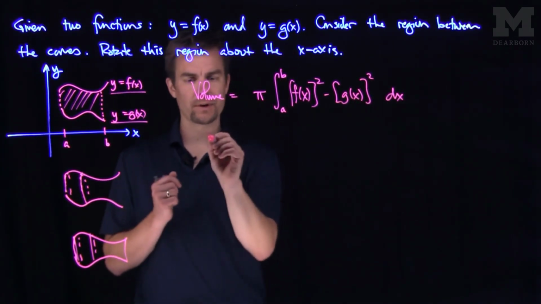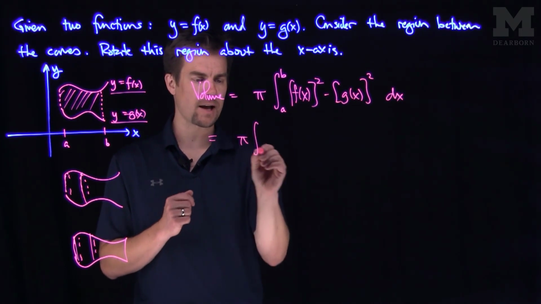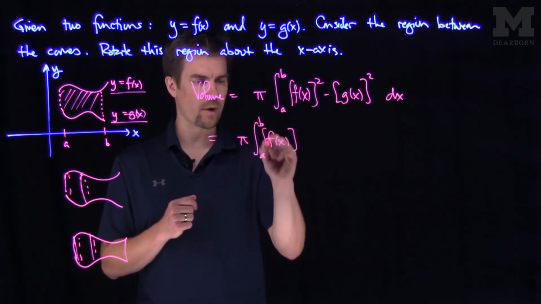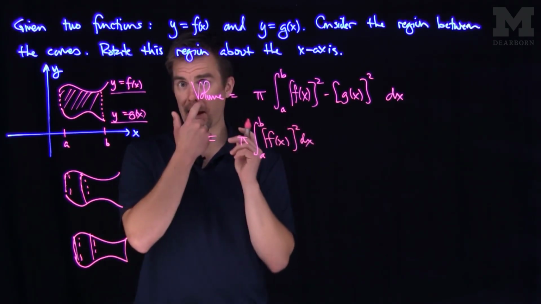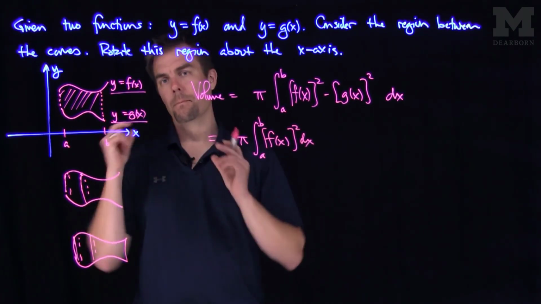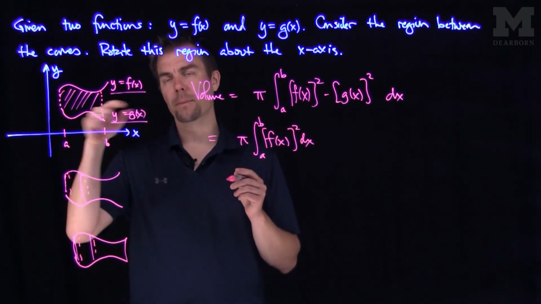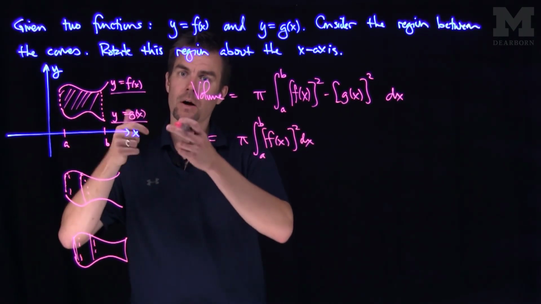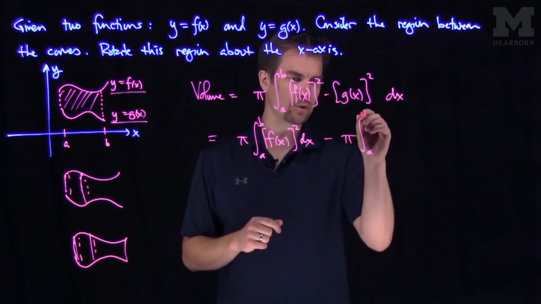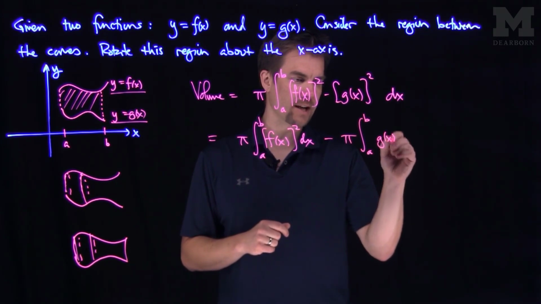To write this in a different way, this is pi, the integral from a to b of f of x quantity squared dx. That would be what I would get if I just rotated f of x about the x-axis. But I don't want that whole volume. I want to punch out the volume that's cut out by g. So I need to subtract off the volume that g would generate if you rotated it about the x-axis.